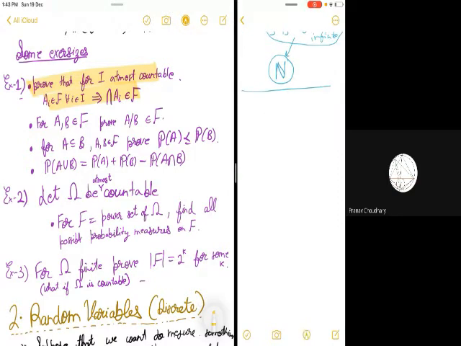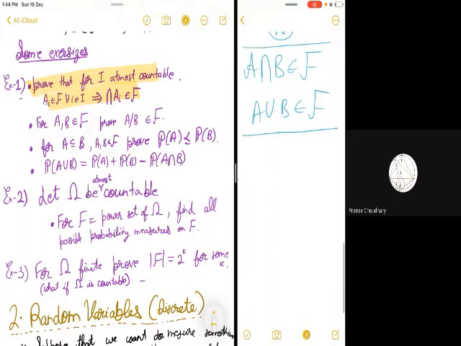So firstly, try proving that A intersection B belongs to F, and the similar proof will generalize. Since A union B belongs to F and A intersection B is a subset of A union B, so A intersection B also belongs to F. No. So notice that F is an event space, and we have axioms which say that if A belongs to F, then A complement belongs to F. And we have that if A_i belong to F, then we can take unions of A_i.